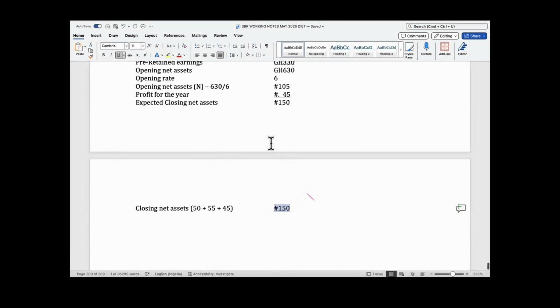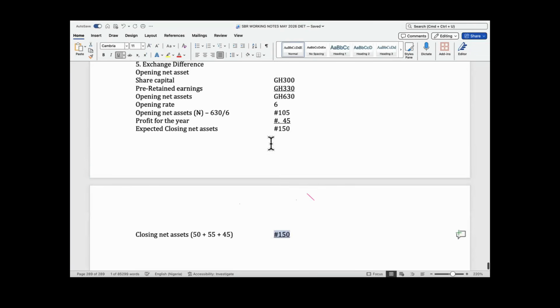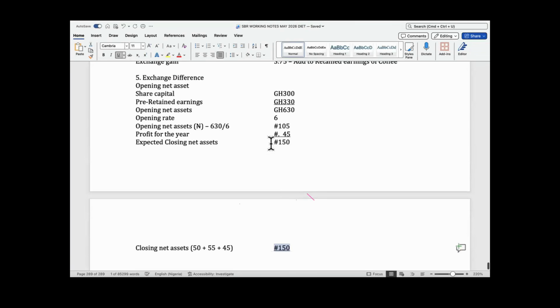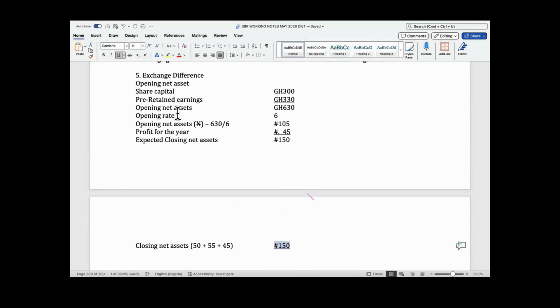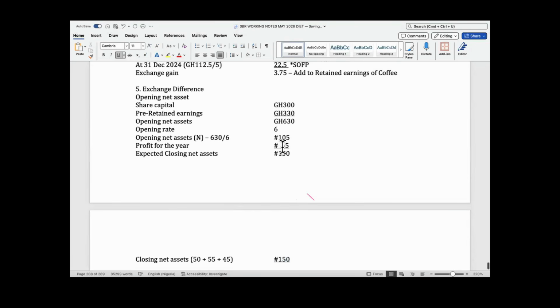Why am I going through all of this stress? Because it means we have professionally wasted almost two or three minutes of our time in the exam when it's going to be 0. Usually in the first year, the first year of operations, you have not translated before, so as far as net asset is concerned, you might not necessarily have exchange difference.